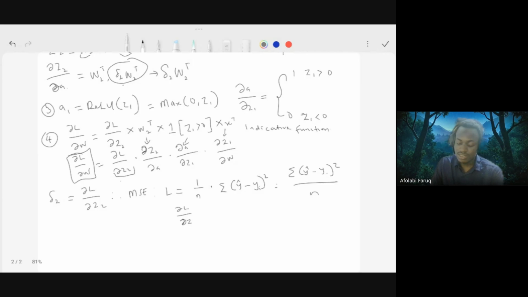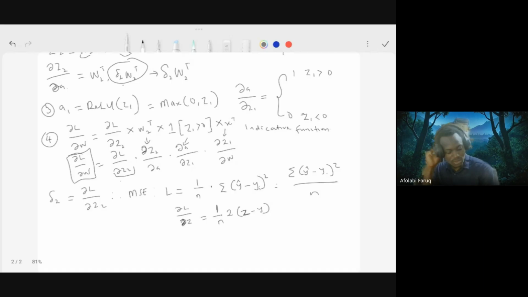So the first derivative here gives us 2 over n, because this itself is 1 over n, then we have 2 times (z minus y).